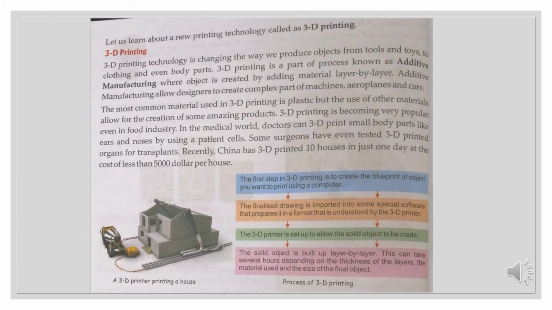Then the 3D printer is set up to allow the solid object to be made. And last, the solid object is built up layer by layer. This can take several hours depending on the thickness of the layers, the material used, and the size of the final product.